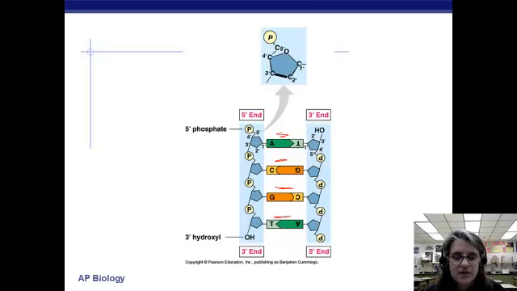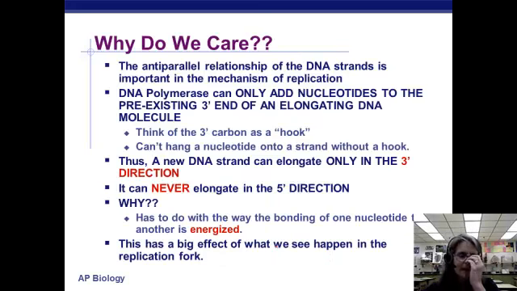So if the 3' carbon is exposed here at this end, and the 5' carbon is what is exposed at the top here, this one is flipped upside down in reverse. 3' is up here, 5' carbon is down here. Okay? That's going to be really, really important for how replication occurs.